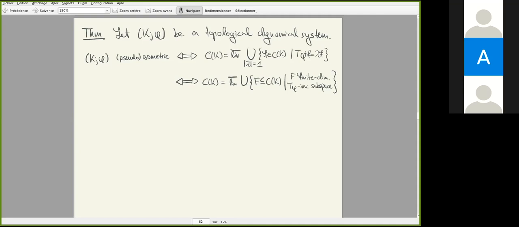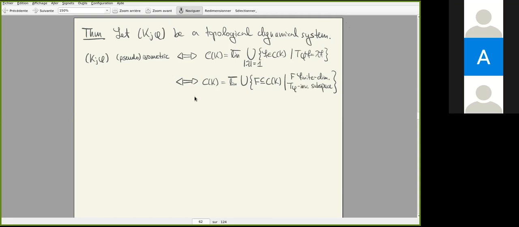One can also ask that the subspaces F in C(K) which are finite dimensional and invariant are dense in C(K). This is the same because in the end, one realizes that on these finite dimensional subspaces, the operator is just a matrix and it ends up being diagonalizable there. So one gets the eigenfunctions back.